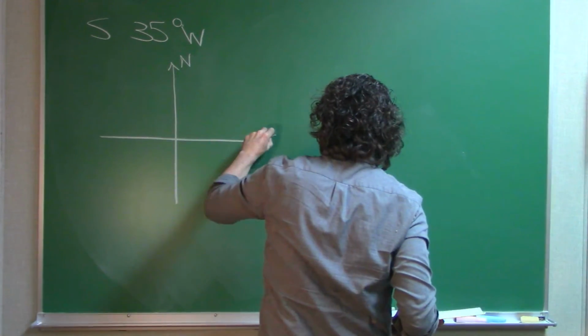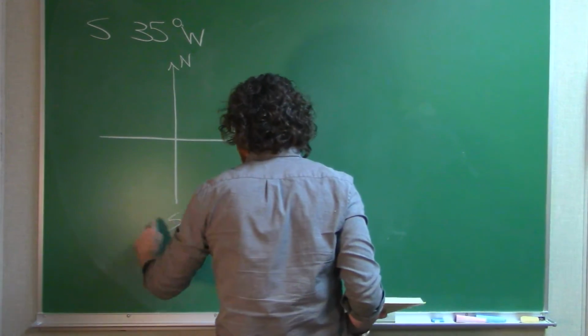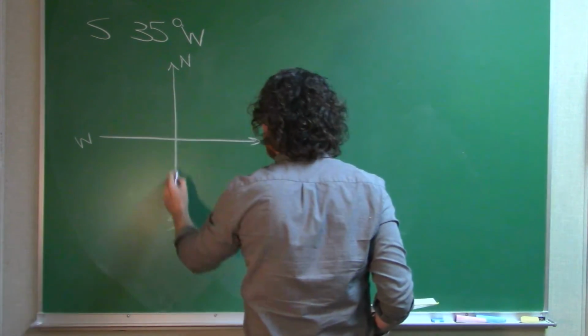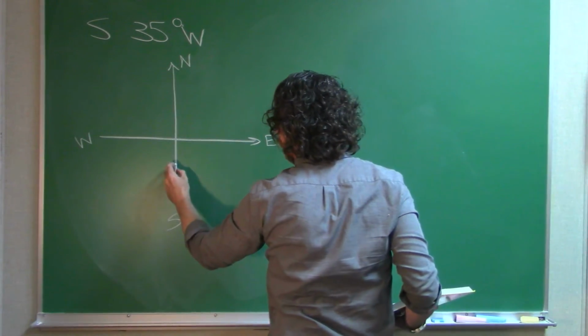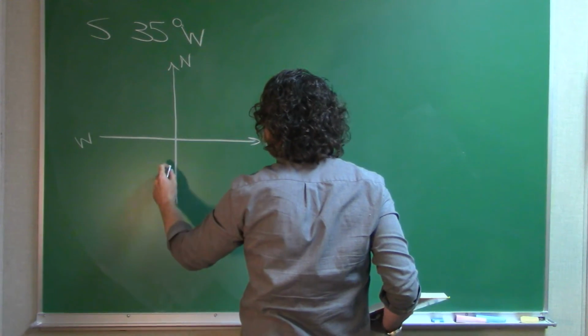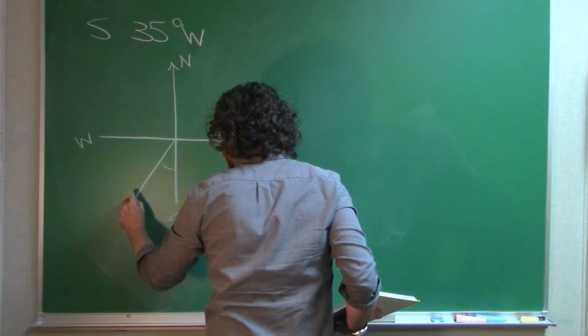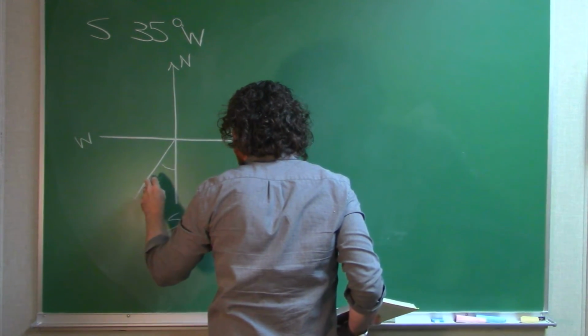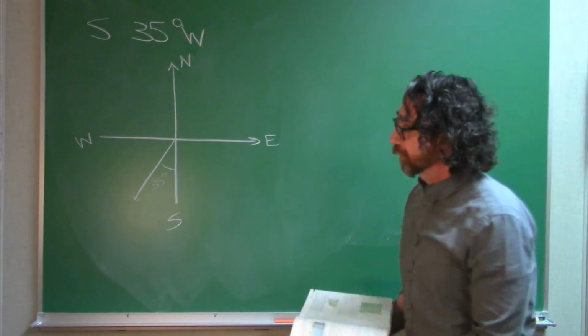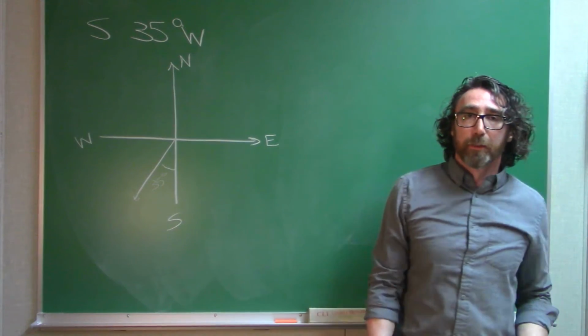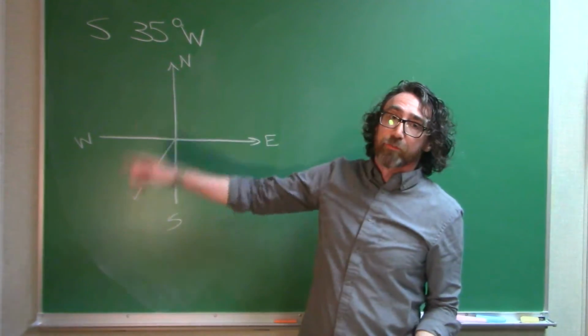So that's our north direction, this is our east direction, of course south down here, west over here. Starting here, rotating toward the west, 35 degrees. So that's your bearing if you're doing south 35 degrees west.